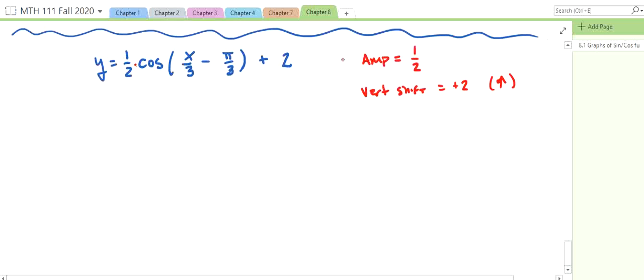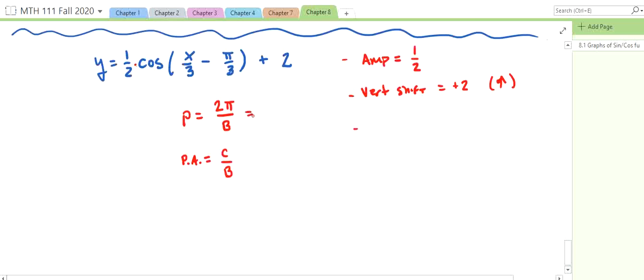And now we get to our phase angle. So, well, first off, let's do our period. Remember, our period equals 2 pi divided by b. And our phase angle equals c over b.